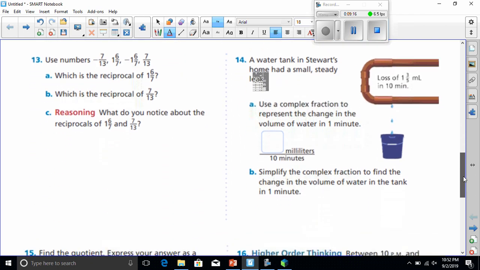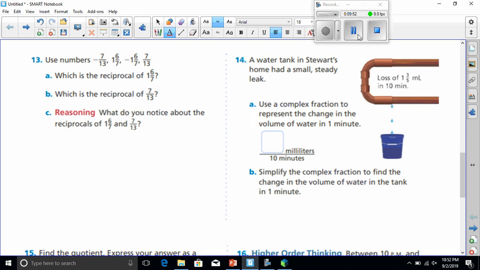All right, we've got a two-part question here where it talks about a water tank in Stuart's home that has a small, steady leak. According to the picture, it says the loss of 1 3/5 milliliter in 10 minutes. Use a complex fraction to represent the change in the volume of water in 1 minute. Okay? So let's see.